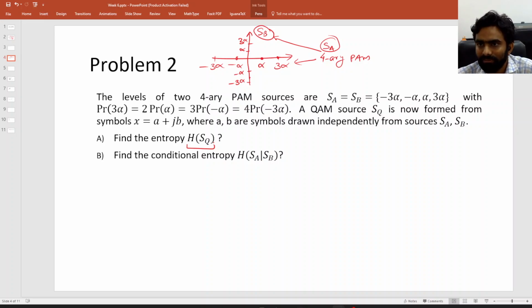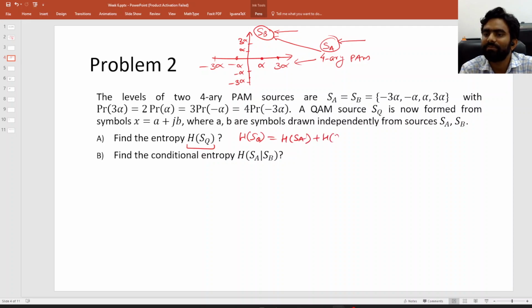Two sources are there, SA and SB. It is simple because they are independent. So independently we can calculate the entropy of SA and the entropy of SB and add them. So H of SQ would be H of SA plus H of SB. So calculate the entropy of SA and SB, and directly you can find the entropy of SQ.